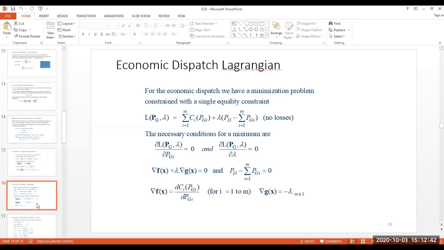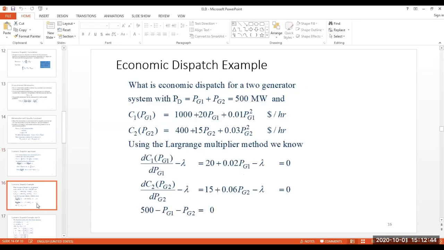I explained it in one of the earlier classes. If you see in this slide number 16, C1 is a pure function of PG1. It has nothing to do with PG2. Whatever generation is provided from generator number 2, it is in no way going to affect the cost for generation 1 and vice versa.